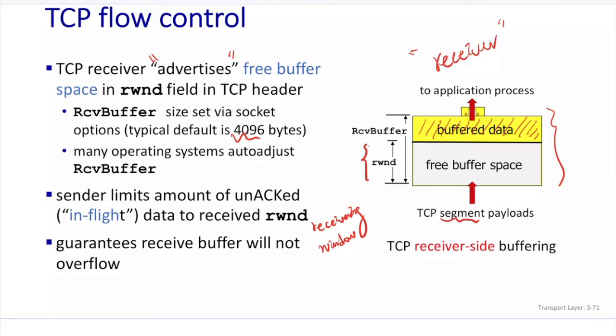So the receiver should explicitly report, or we say advertise, the free buffer space in the receive window field in the TCP header every time the receiver sends an ACK back to the sender.